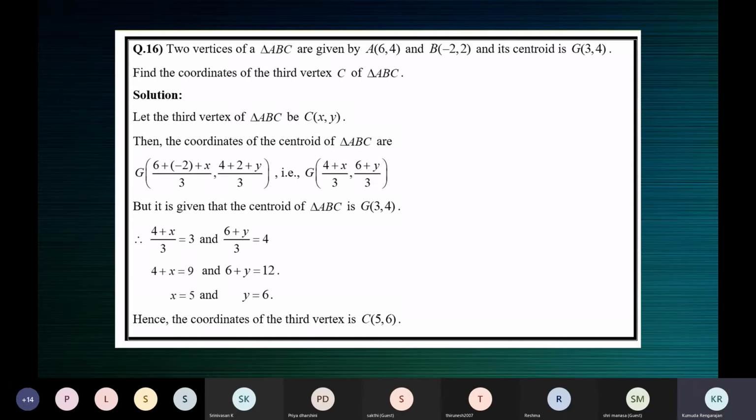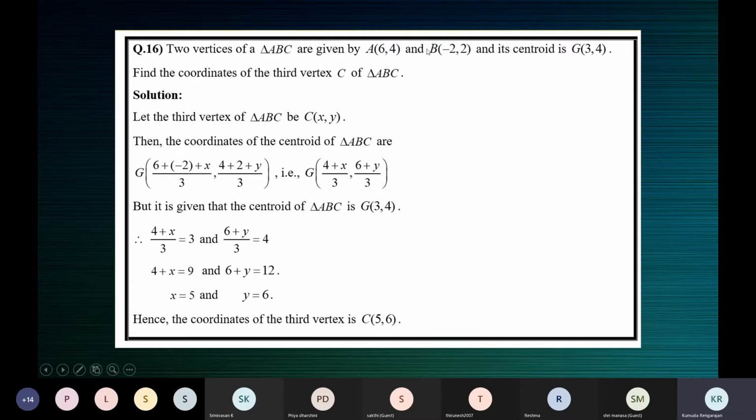So we are given the coordinates of the centroid, 3, 4. But how do we find it? x1 is 6, x2 is -2, and x3 is x. You should take the x coordinates of the vertices A, B, and C. So you should take 6, -2, and the third vertex you don't know, so x.